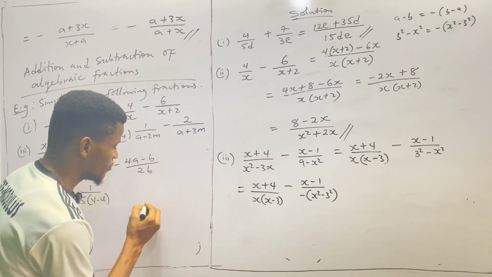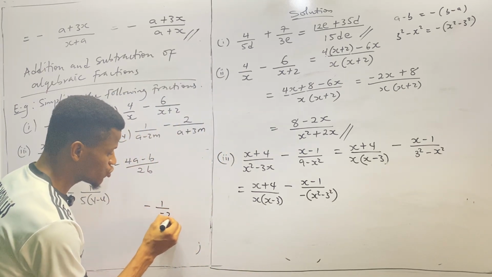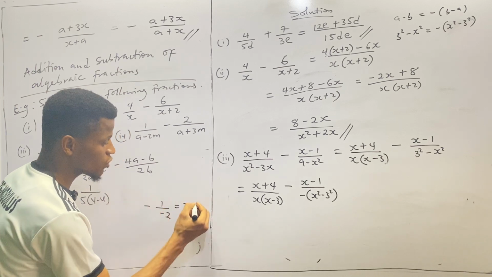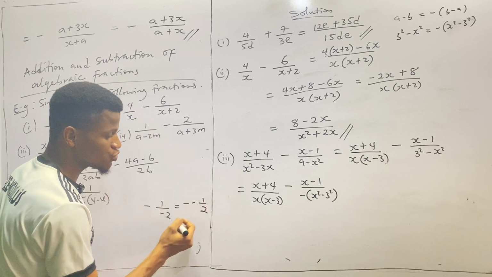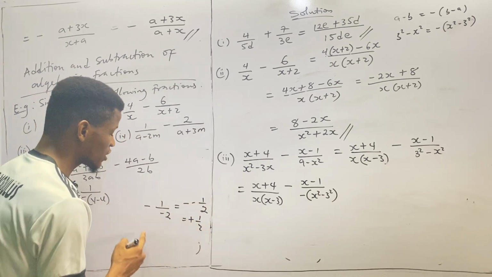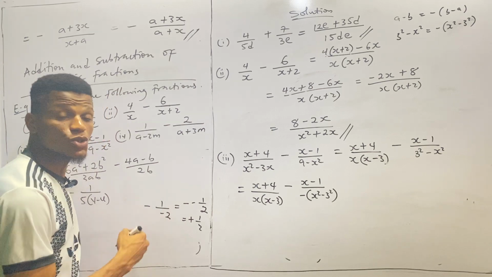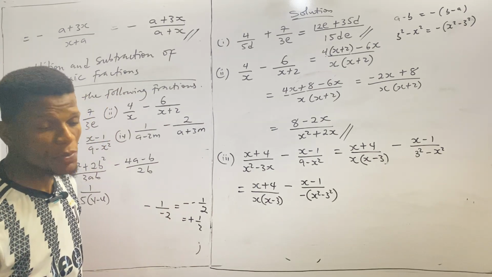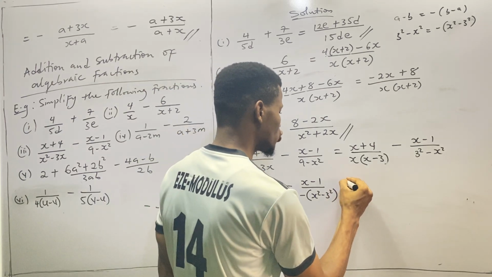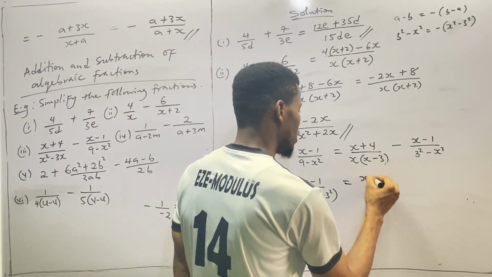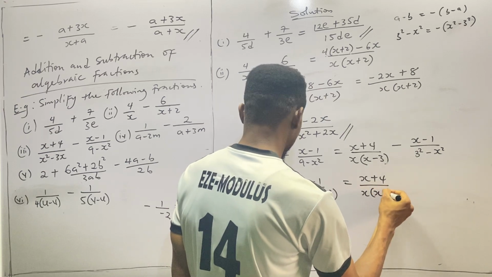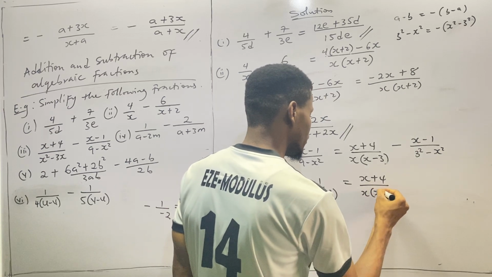Remember that minus 1 over minus 2 can be written as, we can take the minus up here, minus 1 over 2, which is minus what? Plus 1 over 2. So you can try your calculator. Minus 1 over minus 2 should be positive 1 over 2, or positive half. All right, so we can do the same thing here. So this will be equal to x plus 4 over x into x minus 3.